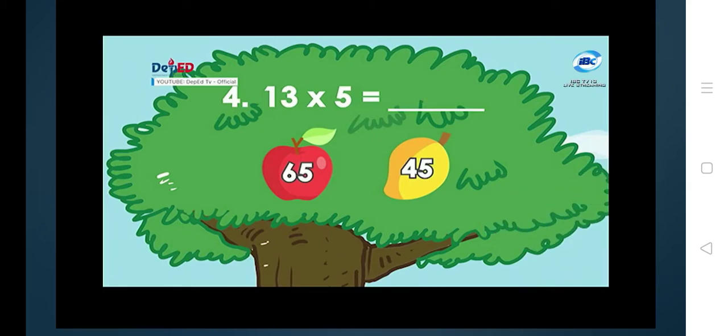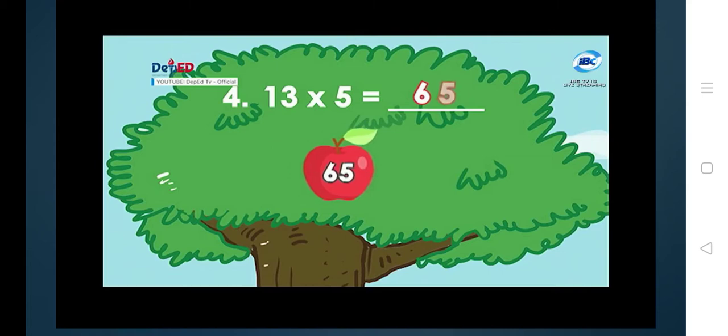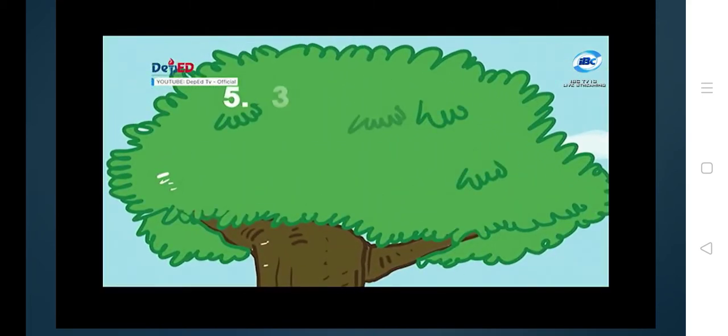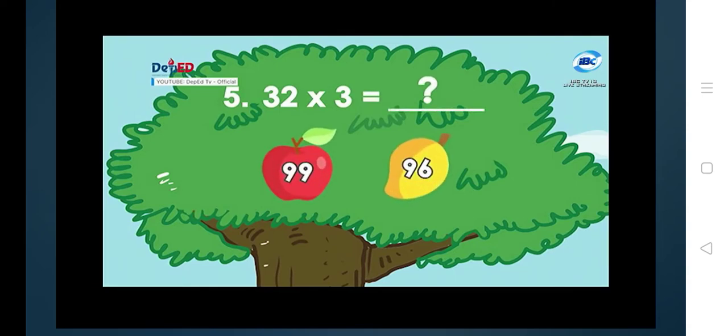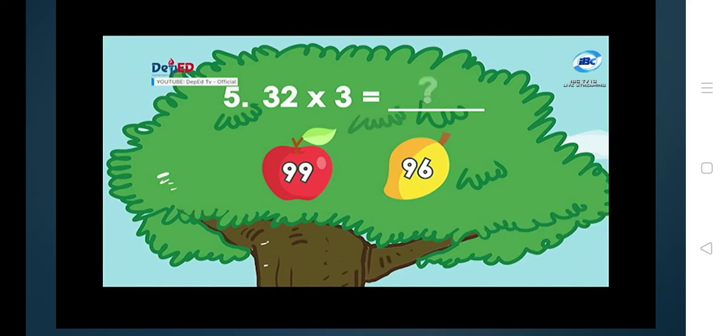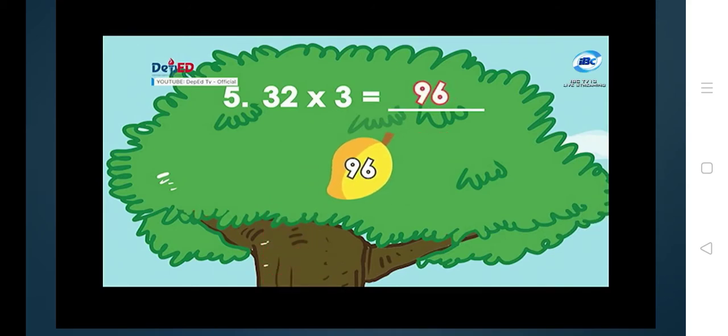The correct answer is 65. And number 5: 32 times 3 is equal to 99 or 96. If your answer is 96, matherific!